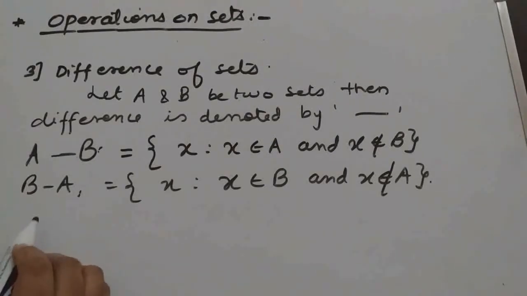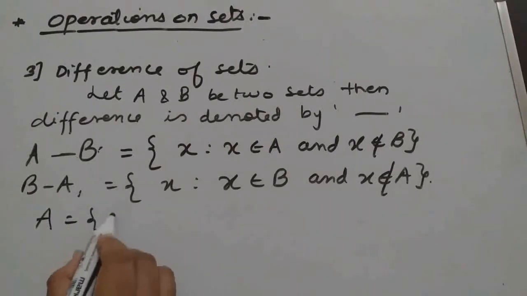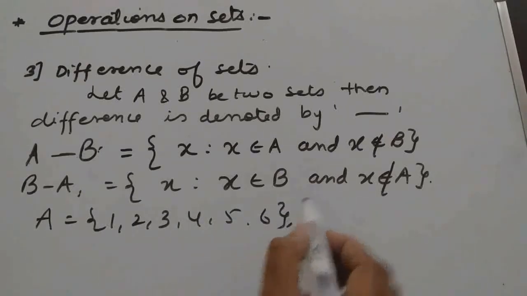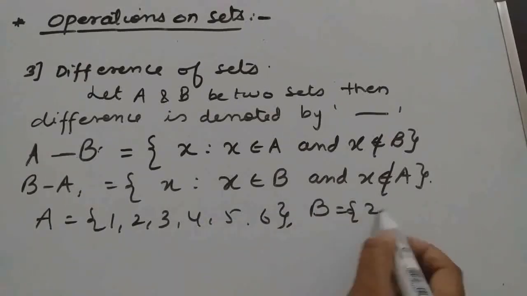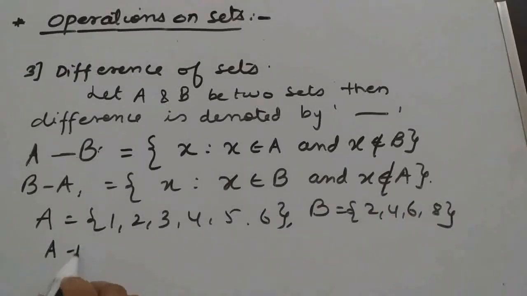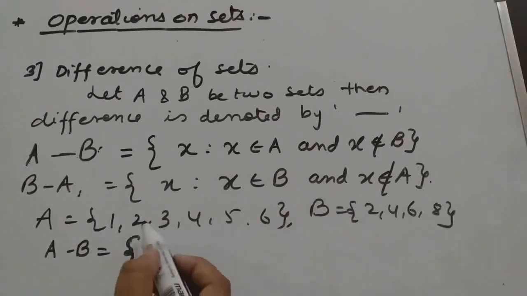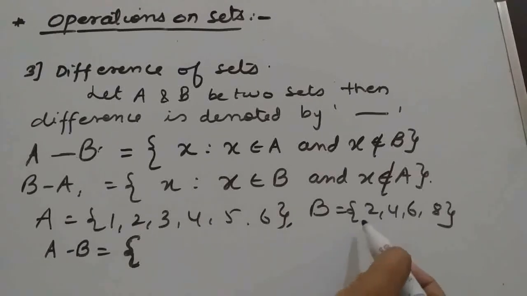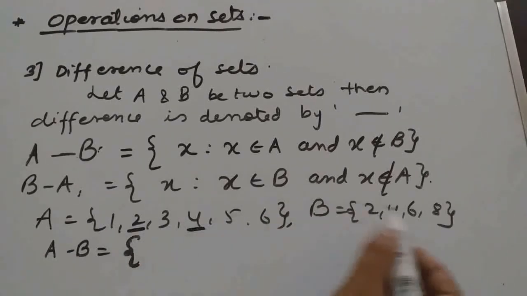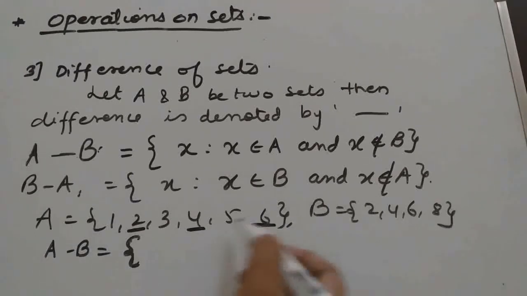Now let's take one example here. A is suppose 1, 2, 3, 4, 5 and 6 and B is 2, 4, 6 and 8. So see how we can find A minus B. First write all the common elements, 2, then 4, then 6, 8 is not there.